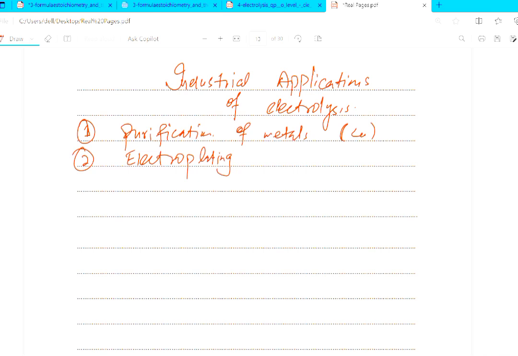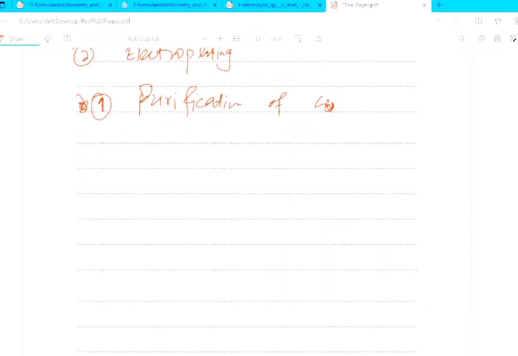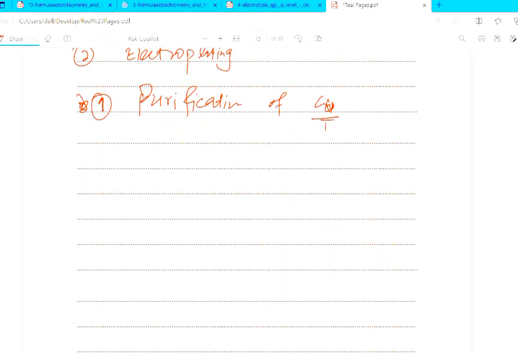The first step is purification of copper. You should know that copper that we need in our daily life to make cables has to be 99.9% pure. It has to be very pure to be used. In the same way, other metals can also be purified.